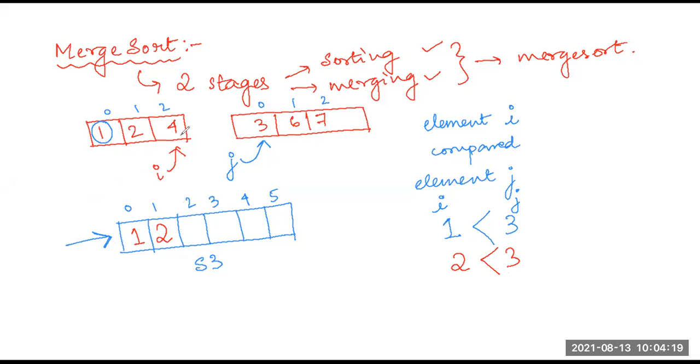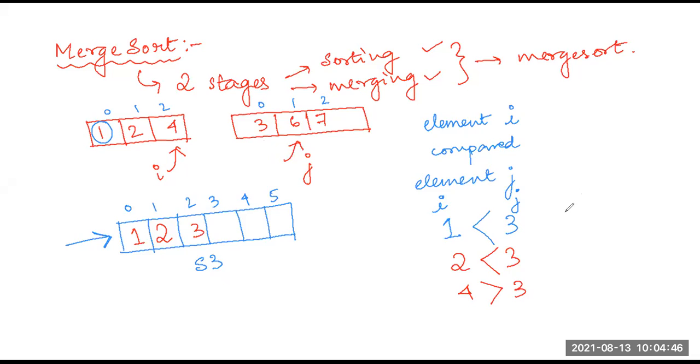From whichever array I am copying, that counter will be incremented. And if I am not copying anything from here, this counter won't be incremented. Then again, I will compare the element at I and the element at J. Now this time the element at J is smaller. So I will simply copy 3 over here, and my J counter will move forward.